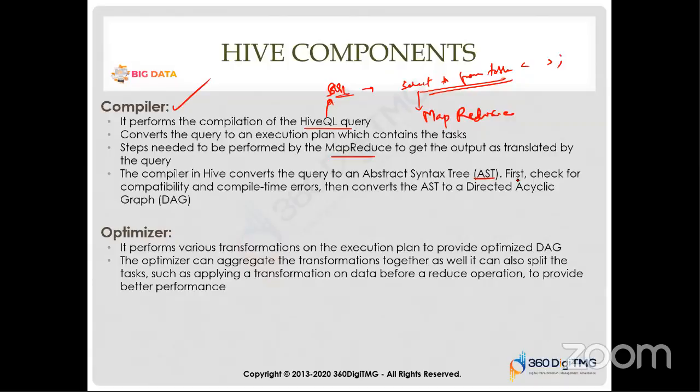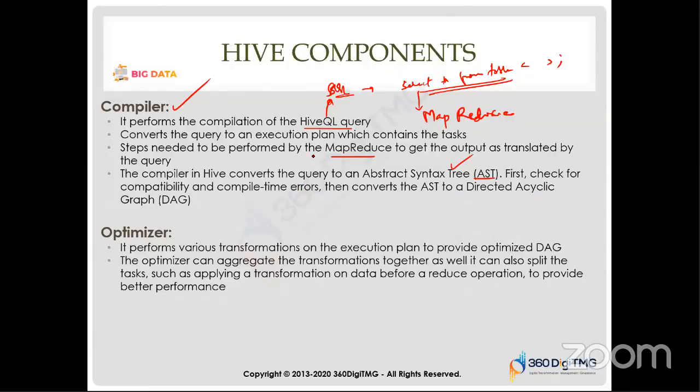It's like a flow diagram of what needs to be done in an abstract way. This AST, which gets created, is analyzed for compile time errors, whether it is compatible or not, and then it is compiled so that you can find the errors.